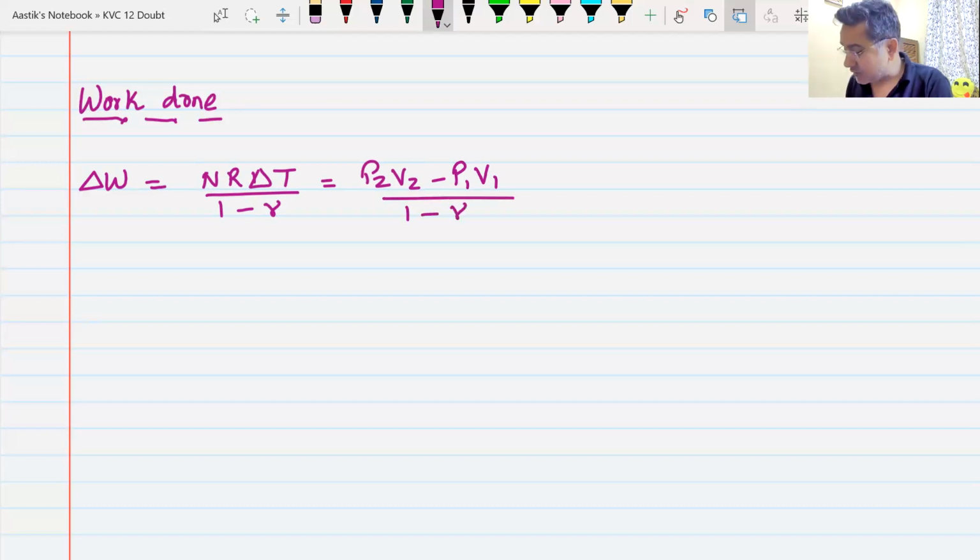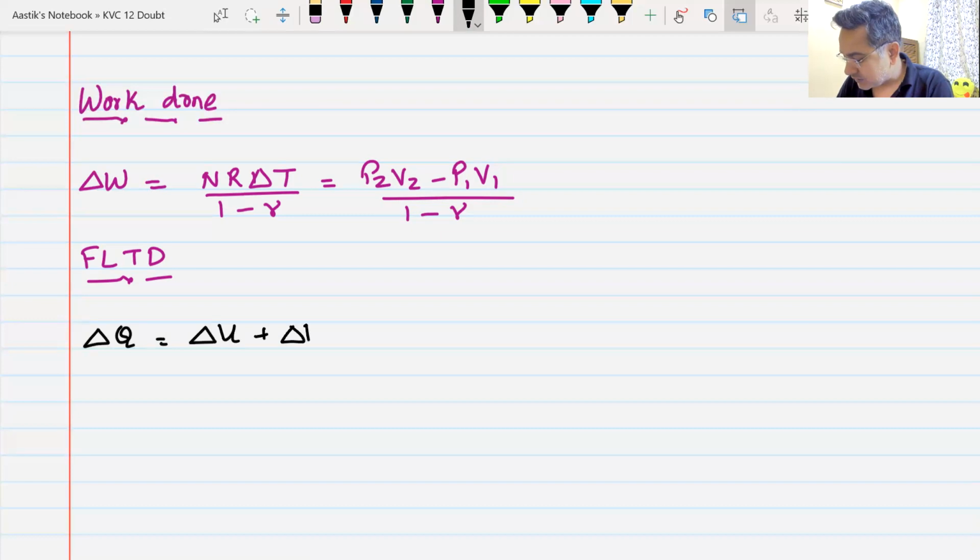What you're going to say is we are going to do it in the next heading. We are going to apply the first law of thermodynamics on this process. Once you apply it, it becomes quite evident that delta Q is equal to delta U plus delta W, and in this process delta Q is 0, so your delta W becomes equal to minus of delta U. Now you can write delta U in different forms.